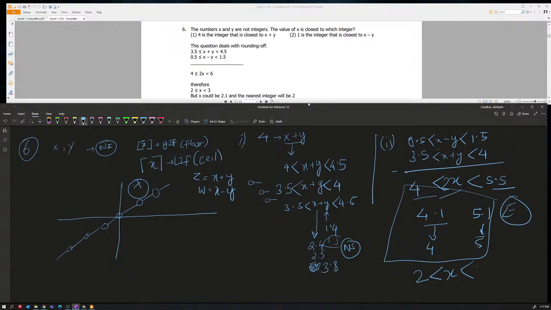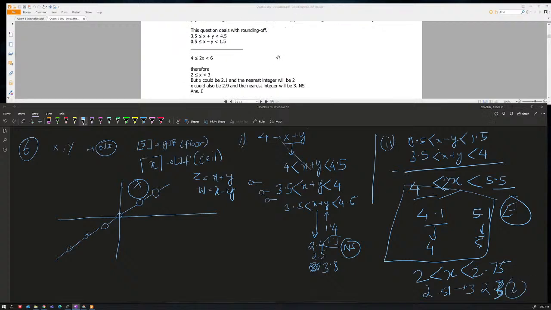This will become 0.25 and this will become 2.75. In this case also, if it is 2.51, suppose, then it is close to 3, but when it is 2.3, it's close to 2, so still not sufficient. Right answer, but wrong solution.